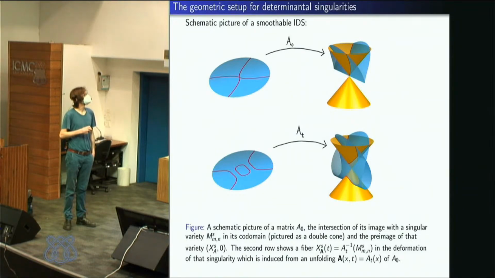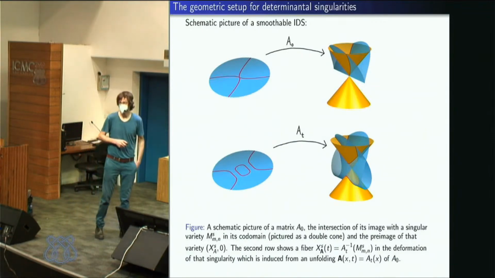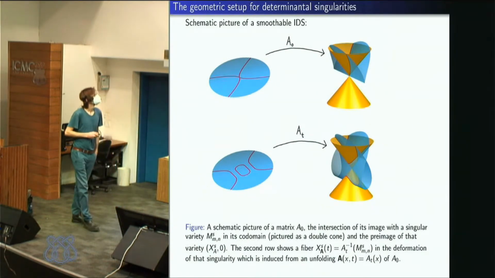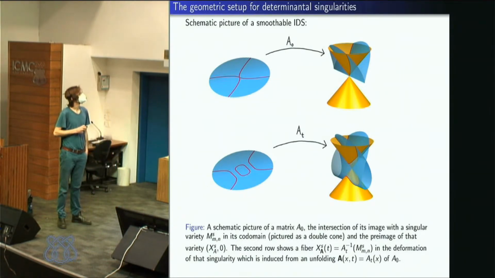So we may unfold the map A0 to get A_t, and then maybe the image has a different position, but we can still take the pre-image of the yellow generic determinantal variety and eventually find some smoothing or other deformation of the EIDS, of the red EIDS here.